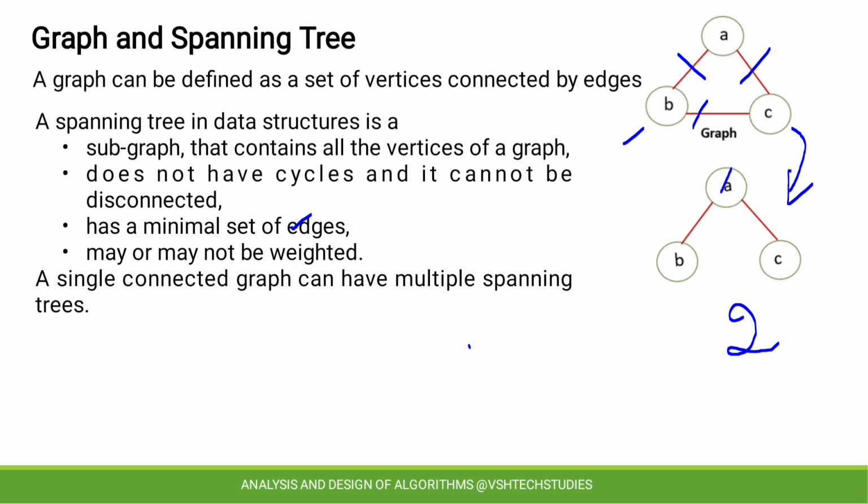A is connected to B, A is connected to C. As already told, B is connected to C through these 2 edges. So only 2 edges are more than enough to connect all the vertices. So all the 3 edges of the given graph are not used here. Okay. So that is what is meant by a spanning tree having a minimal set of edges.